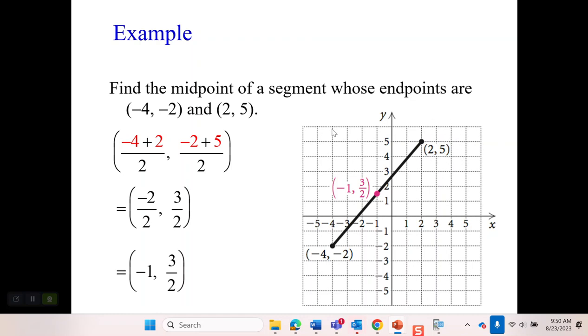So this is Q1, Q2, Q3, and Q4 right here. If you average the x, the average of x is -1, and the average for the y is 3/2. So this midpoint is in the second quadrant. All right. Any questions?